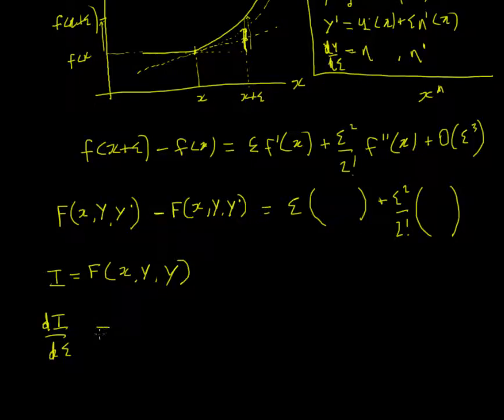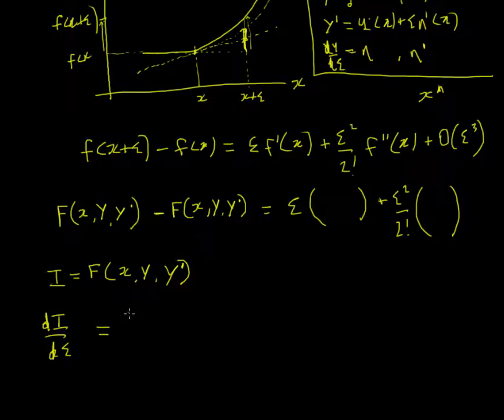Now, what we want to do is differentiate the functional with respect to y and y derivative. We want to differentiate the functional with respect to epsilon, but the functional has two terms that are dependent on epsilon, that is y and y derivative. Okay, x is not dependent on epsilon, so in order to do that we just use the chain rule for differentiation.